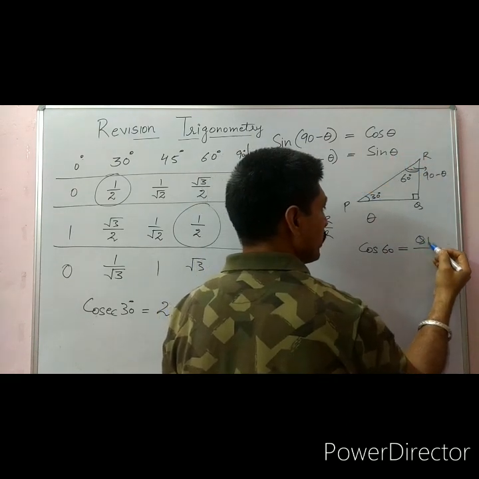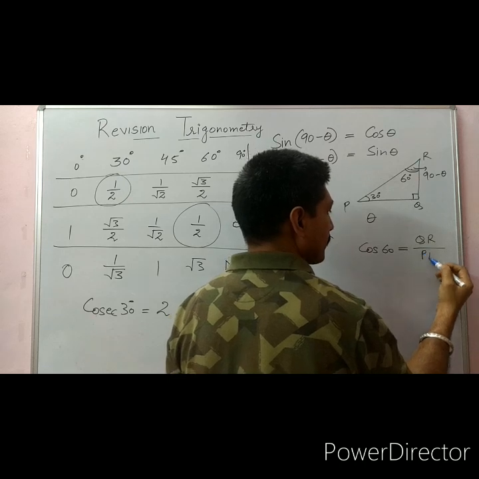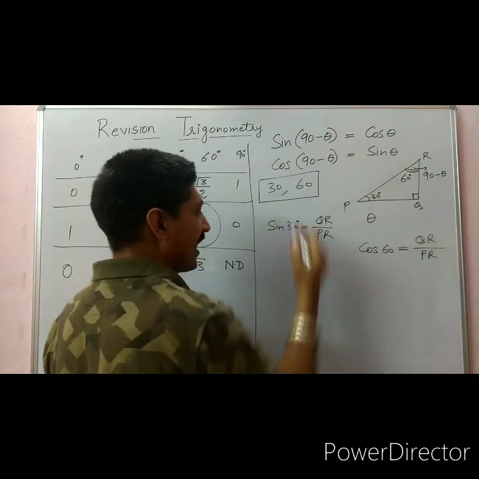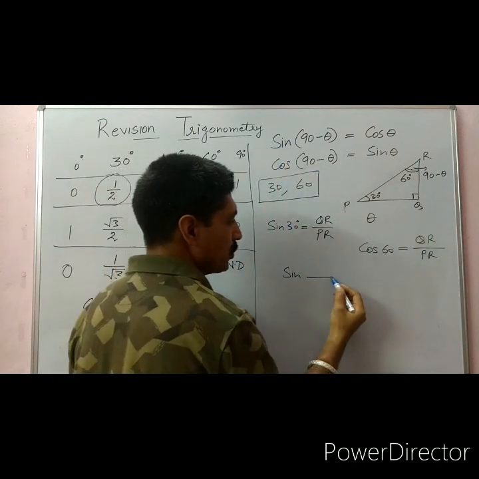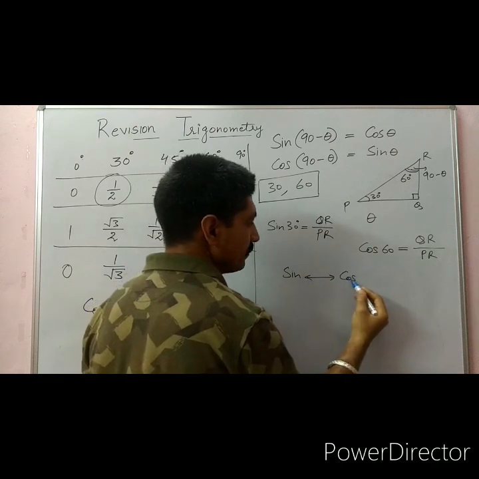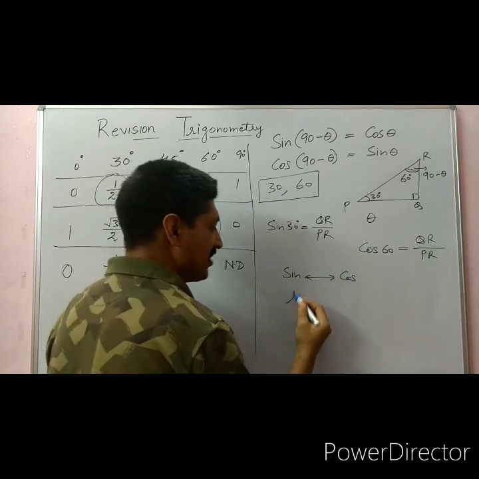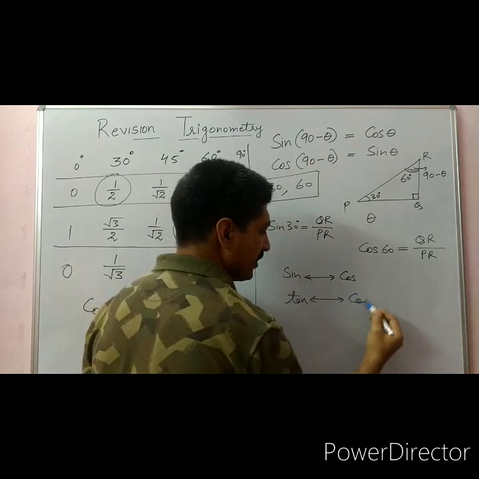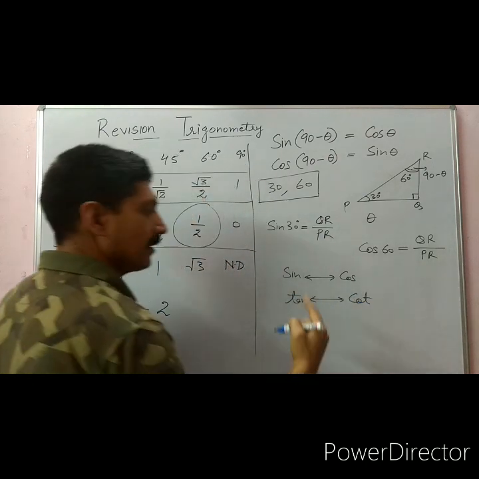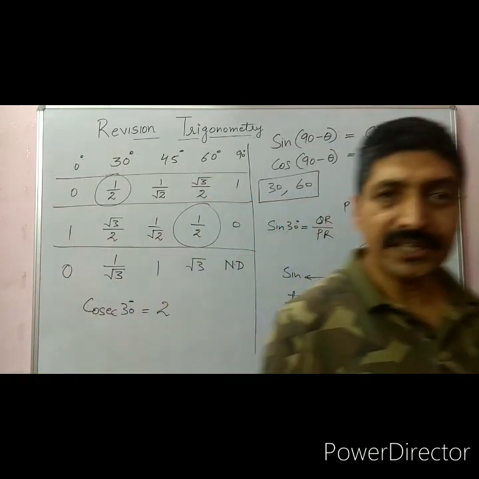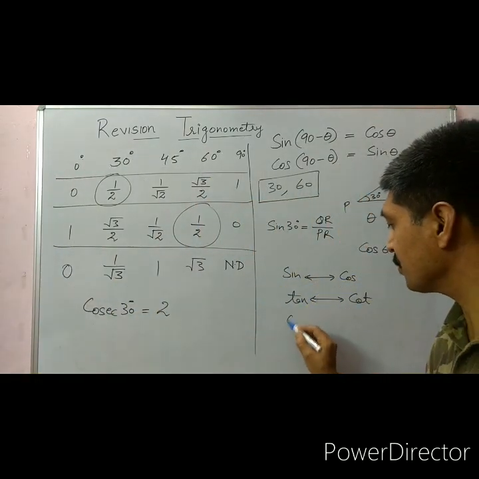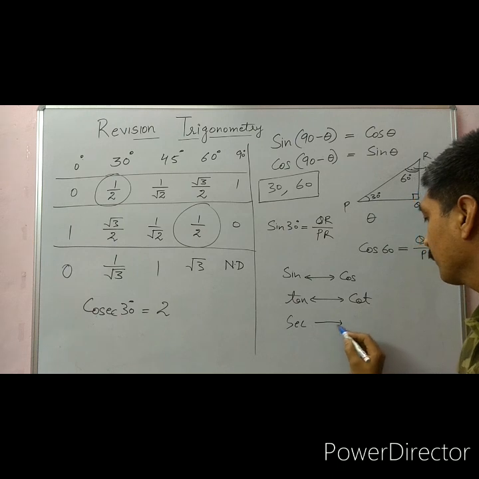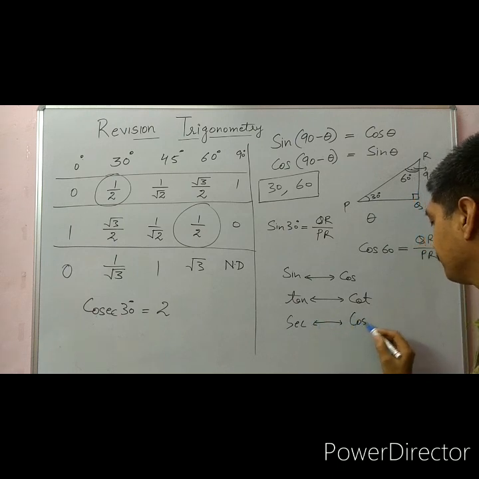So this is again QR upon PR. So always sine is changing to cosine and tangent changes to cotangent and secant changes to cosecant.